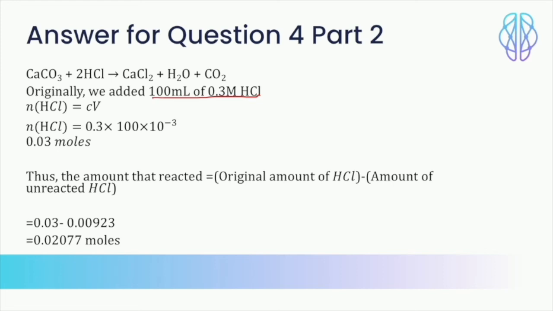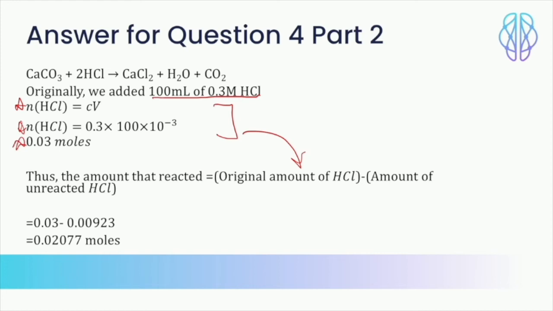If I subtract the two, I'll get the amount that actually reacted with the calcium carbonate, right? That's what we're going to do. So equation, substitution, answer. This step here is the exact number of moles that I added in excess. I added 0.03 moles of HCl into the crushed eggshell. So that's the original amount of HCl.